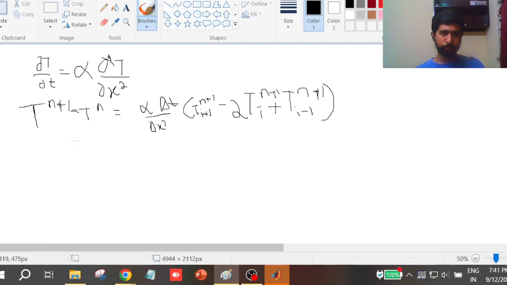So what will happen now is that using this we will form the equation. The equations will look something like this.